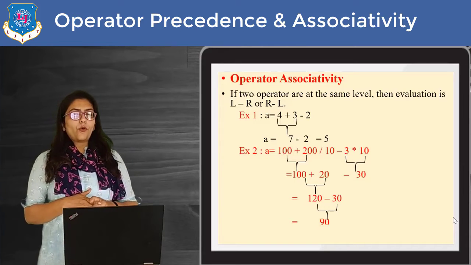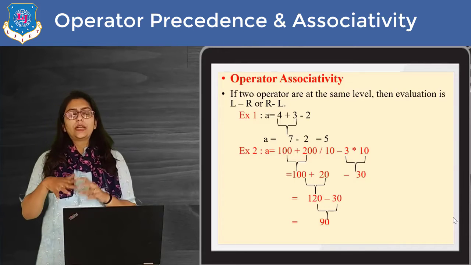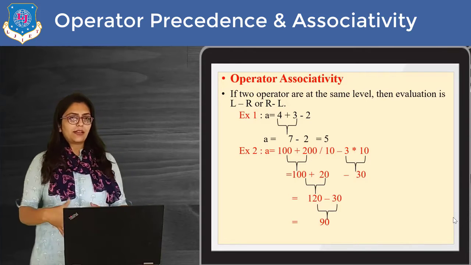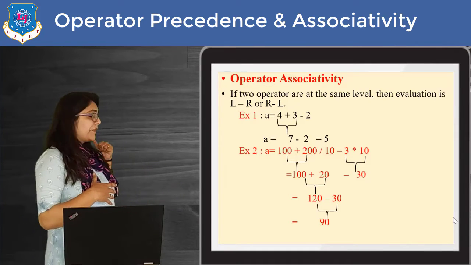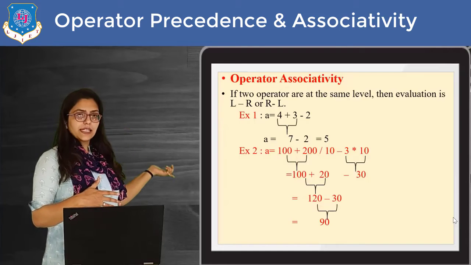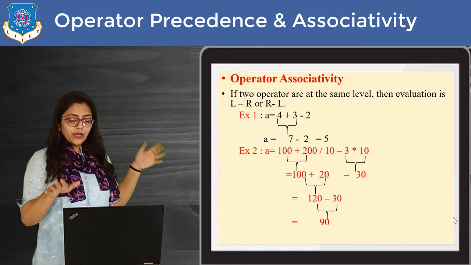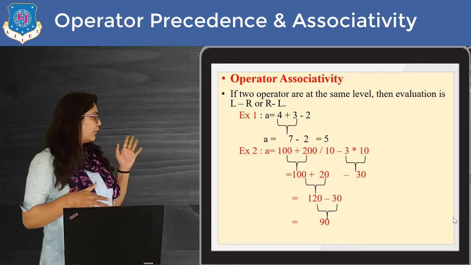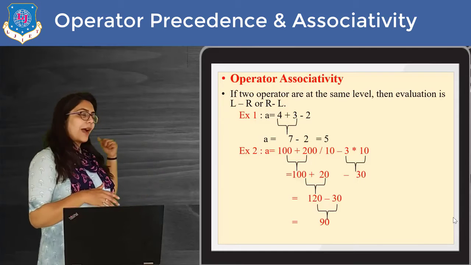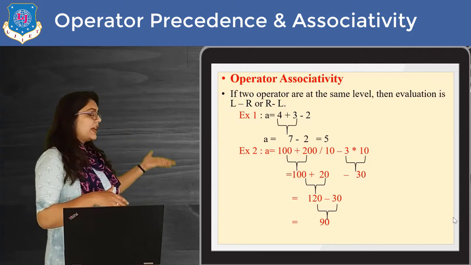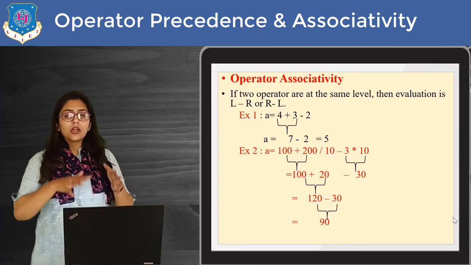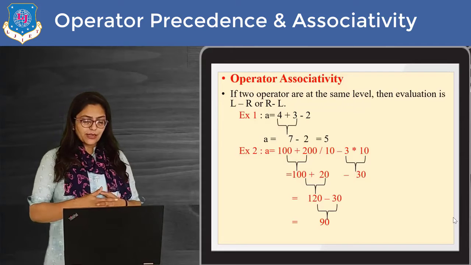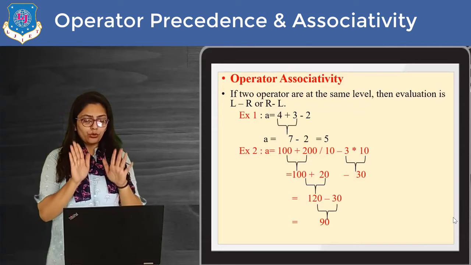If I write 4 plus 3 minus 2, in the computer language plus and minus have similar priority. So first the left side will be evaluated and then the right side. Even if the program is like 4 minus 3 plus 2, the minus will be evaluated first, because we go with the associativity, which is left to right for the arithmetic operators plus and minus. I am going to show you that, so don't worry if you don't know the rules.